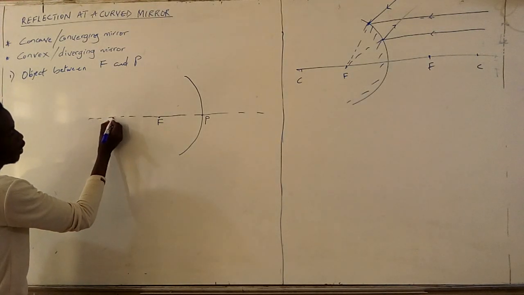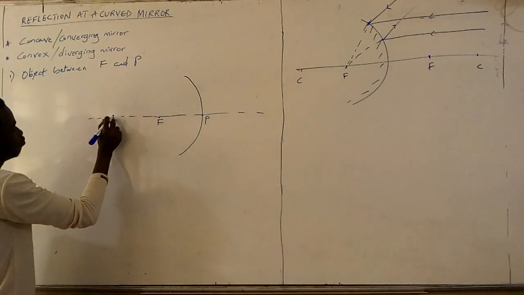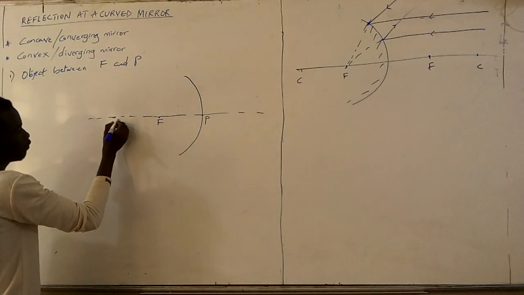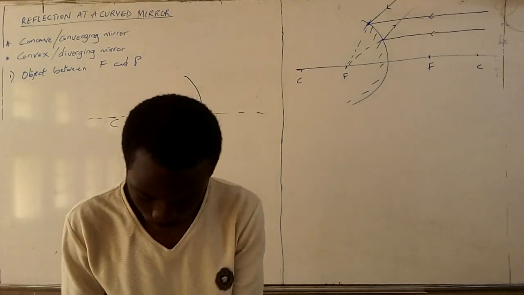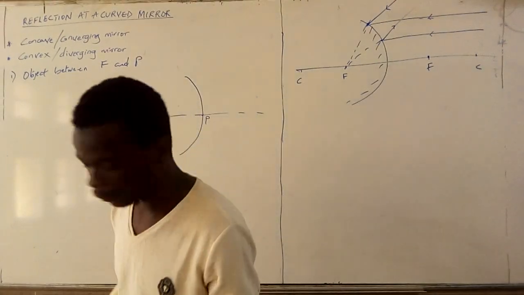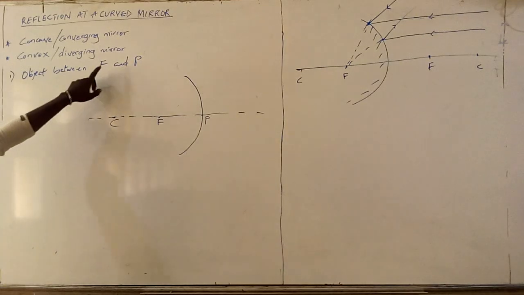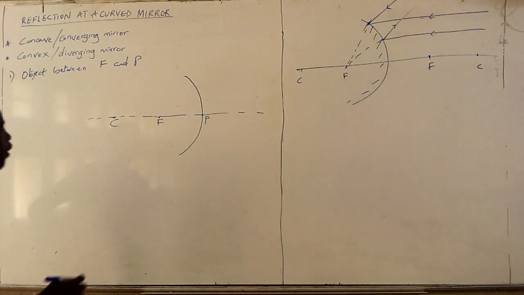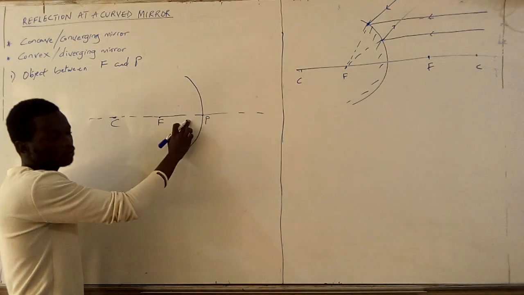Then the distance between this and the distance between this should be the same, so we have C at this point. We said our object is between F and P, so it can be anywhere in this region.